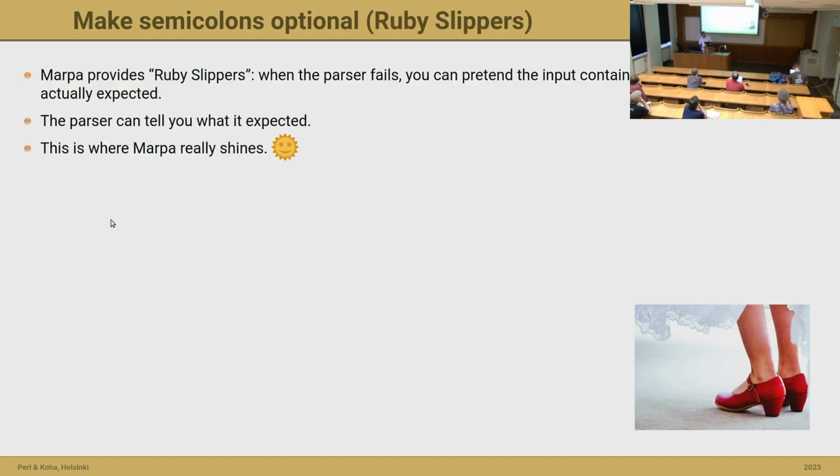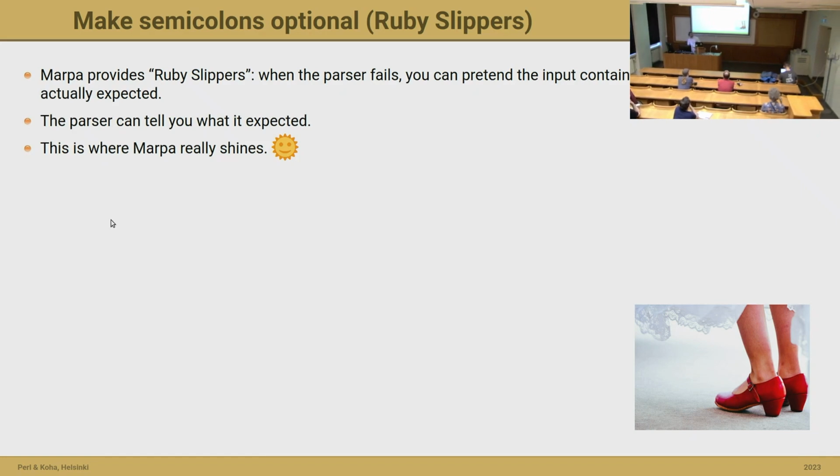So what Marpa provides is called Ruby slippers. It is an interface to the parser internals. When the parser fails, you can ask it what symbols were expected at the time.